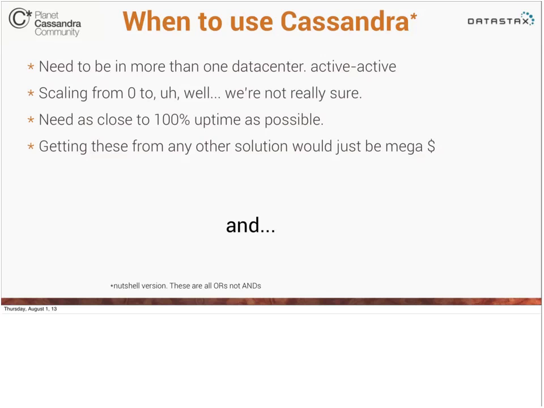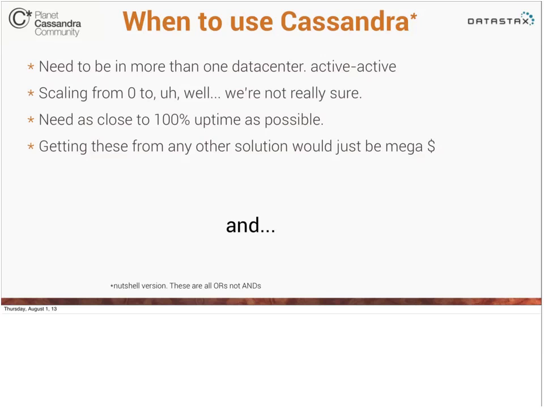So whenever you use Cassandra, you get horizontal scaling, but you don't really know what the scale is going to be today or tomorrow or the next day. You have question marks about how far it's going to go. It's great for that. Cassandra is linear scaling. You need 10% more load for your application, add 10% more servers. It's just that easy.